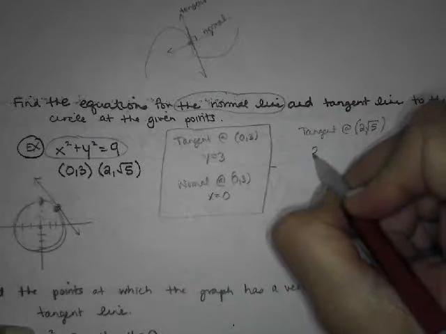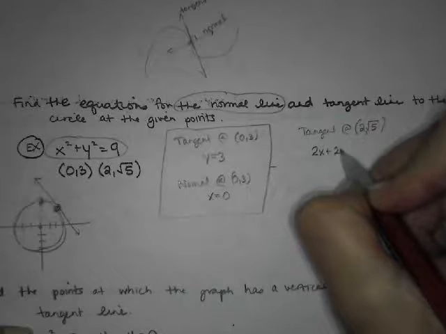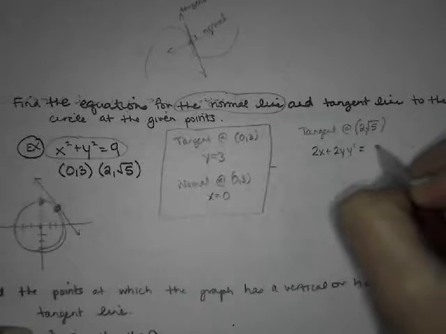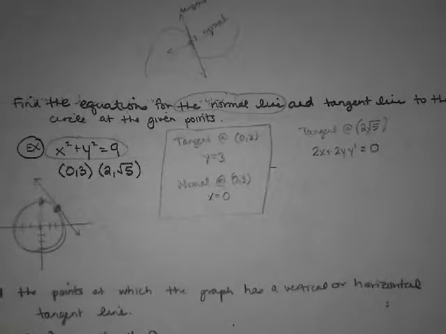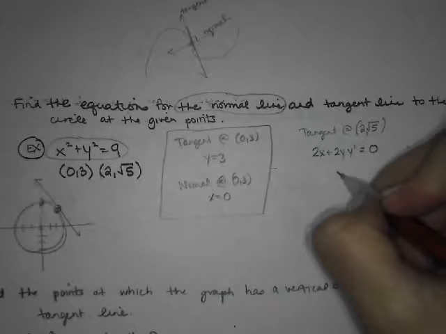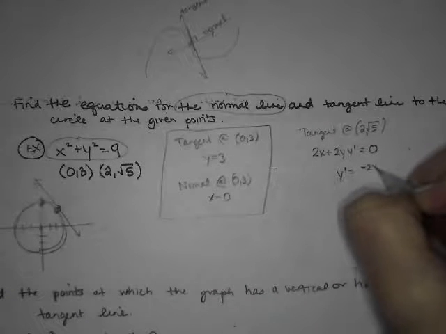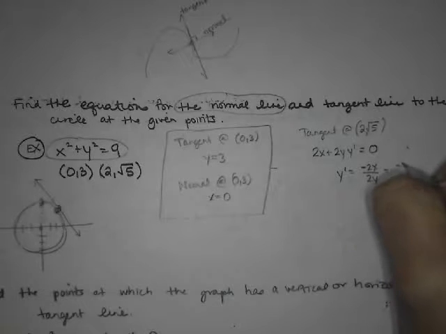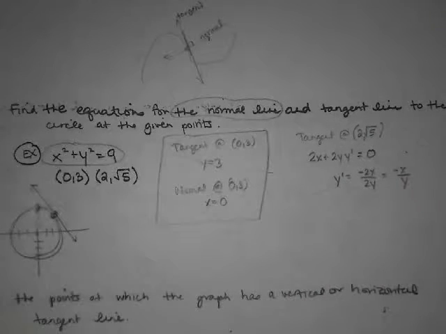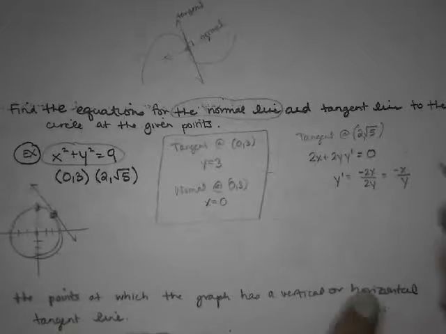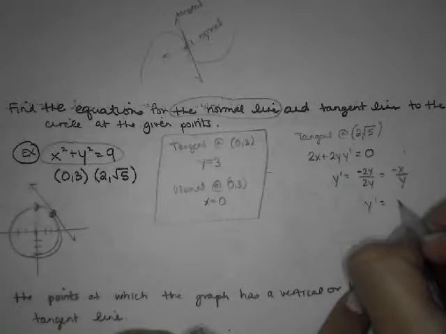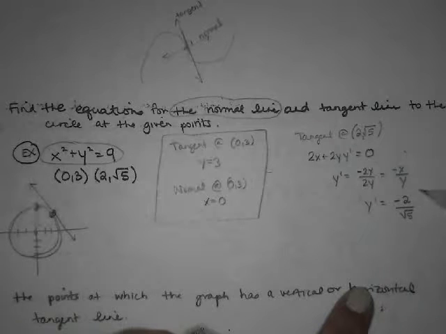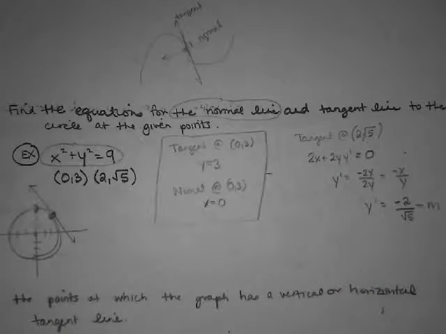So we have 2x plus 2y prime equals 0. And when you solve for y prime, you get negative 2x over 2y, which is negative x over y. So evaluating that slope at the point 2 root 5 is going to give you a y prime equal to negative 2 over root 5. So that's your slope of your tangent line.